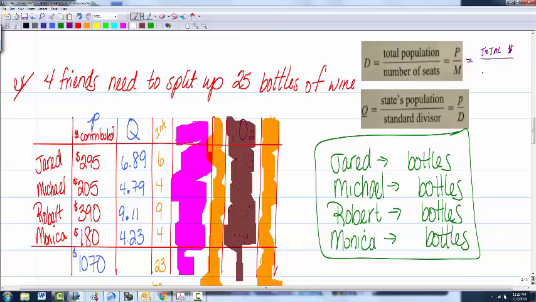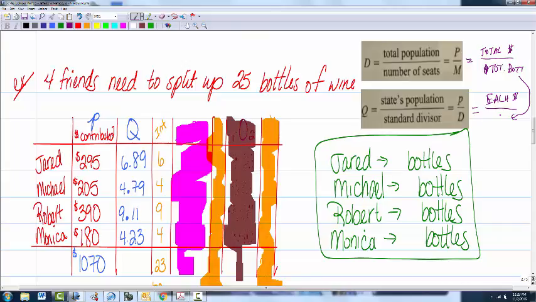We're distributing representatives, we're distributing people. So total bottles. And then what's Q? The Q is not each state's population. It's each person's money contribution divided by what we got in the previous example, the standard divisor. So that's just so you know your labels here.